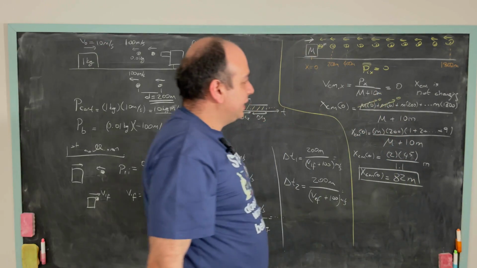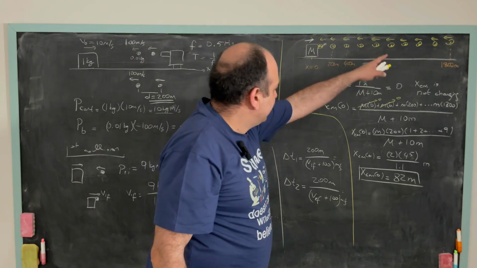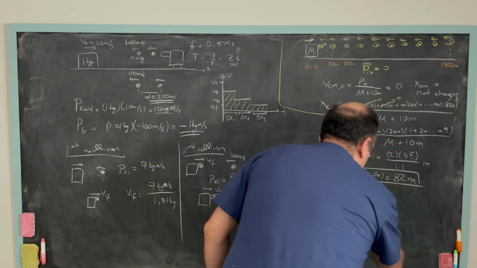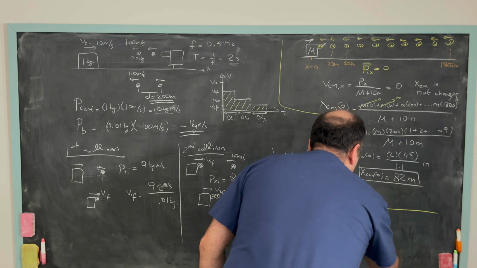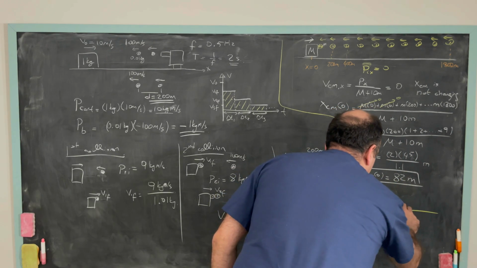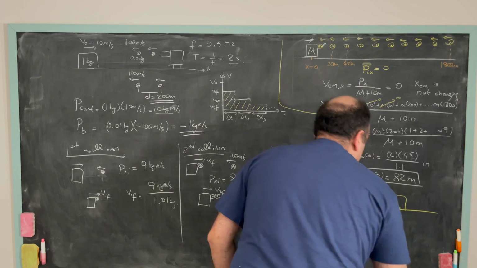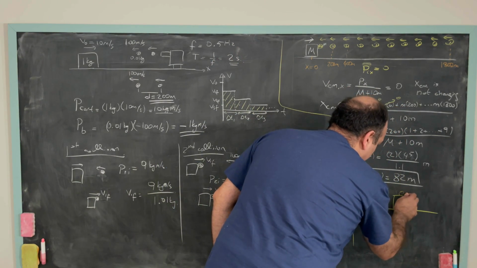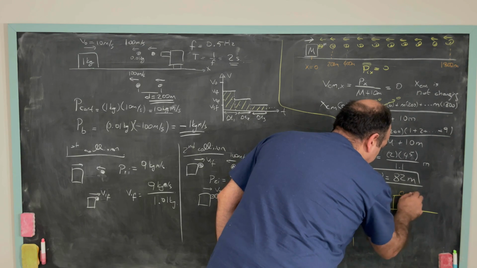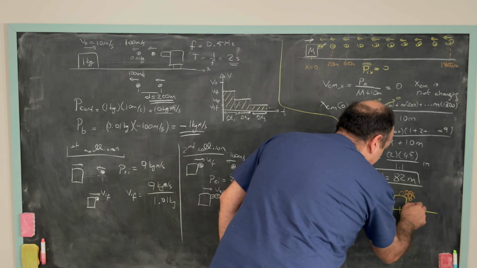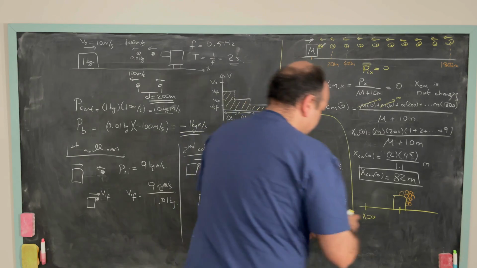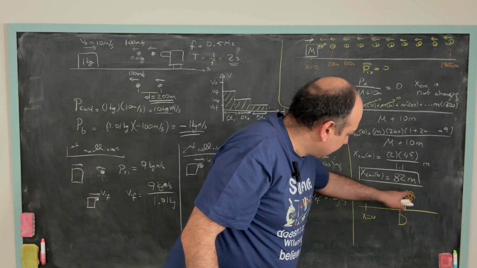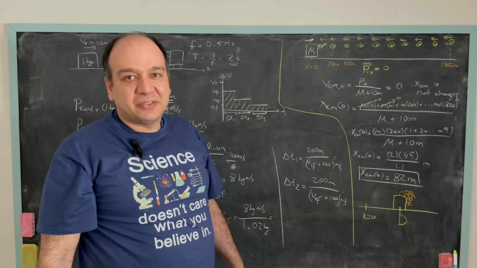So let's look at what happens when all the sticky balls are on top of this cart. Suppose this is x equal to 0. The cart is going to be here, and there will be 10 of these sticky balls, 1, 2, 3, 4, 5, 6, 7, 8, 9, 10, right? Let's call this D. At this point, they're all at rest.